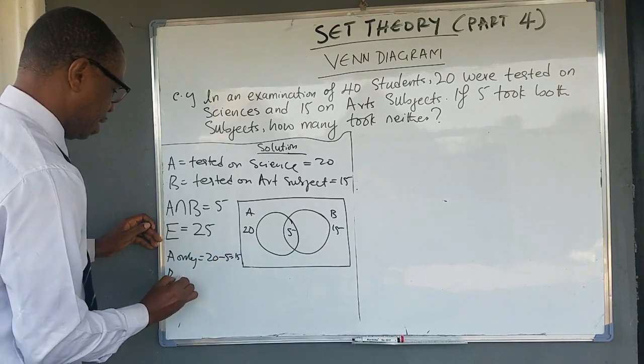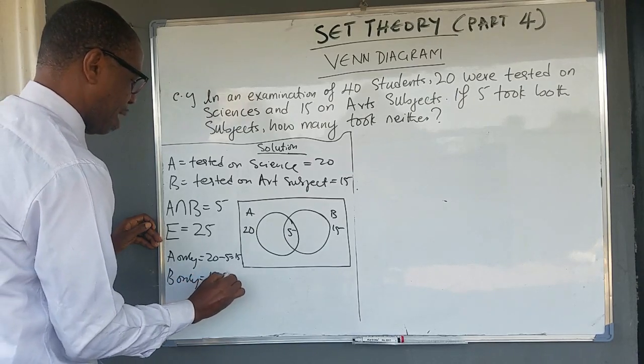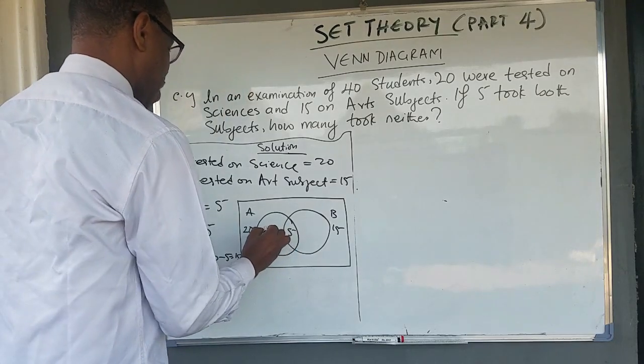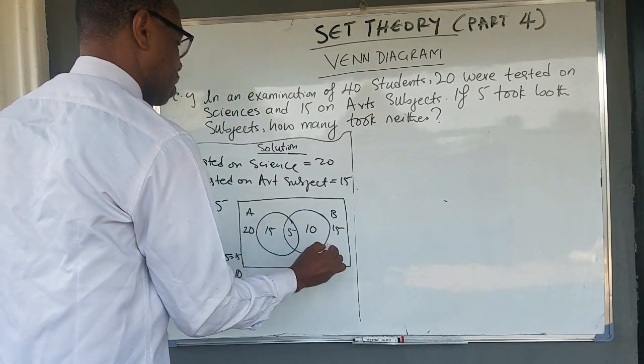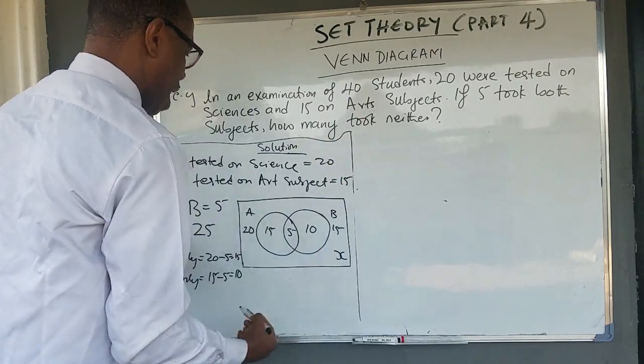Then B only is equal to 15 minus 5. That will give me 10. So I have here 15, here 10. Then the one that is neither is called X, and this X should be outside.